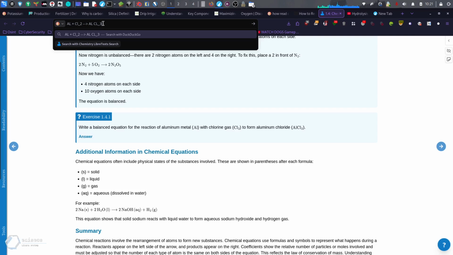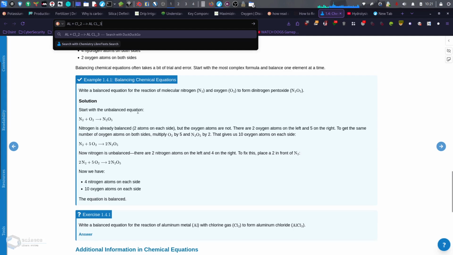Okay, we start balancing the equation, and we need to add a new number. If I add this, what does this mean? 2 by 2 equals 4.